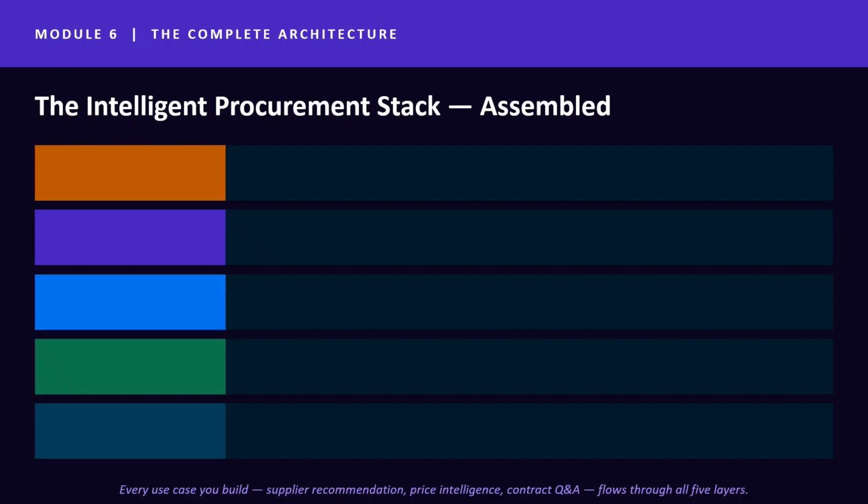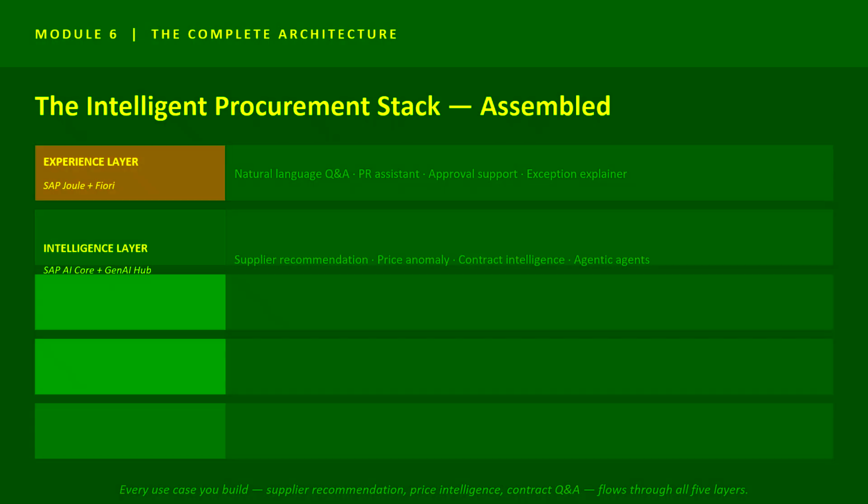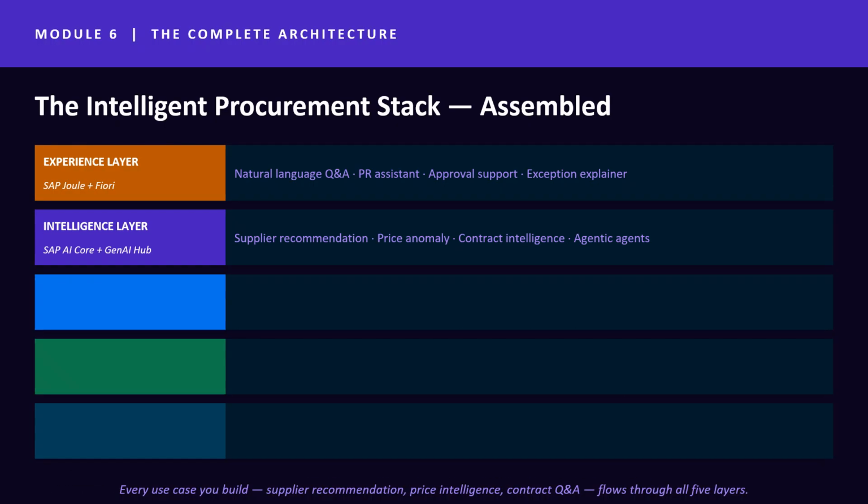The complete 5-layer stack. Experience layer, SAP Joule and Fiori: natural language Q&A, PR assistant, approval support, exception explainer. Intelligence layer, SAP AI Core and Gen AI: supplier recommendation, price anomaly, contract intelligence, agentic agents. Integration layer, Integration Suite and Event Mesh: real-time API calls, event-driven triggers, workflow embedding.